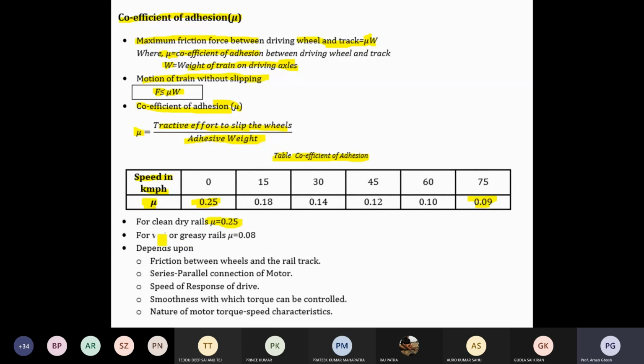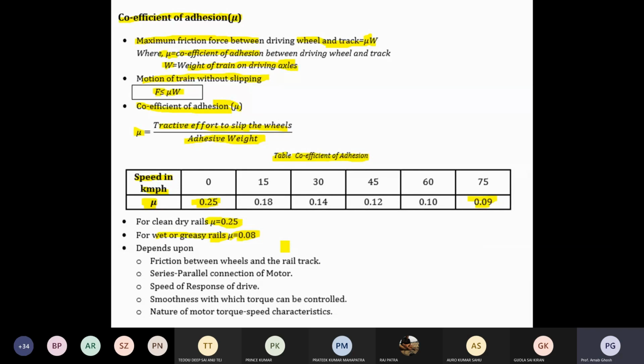For wet or greasy rails, mu equals 0.08. It depends upon the friction between the wheels and the rail track, the series-parallel connections of the motor, the speed of response of the drive, the smoothness with which the torque can be controlled, and the nature of the motor torque characteristics. So the coefficient of adhesion depends on these.